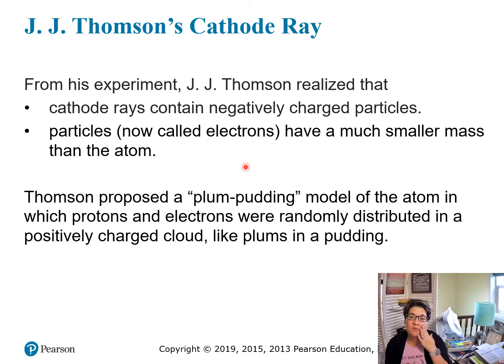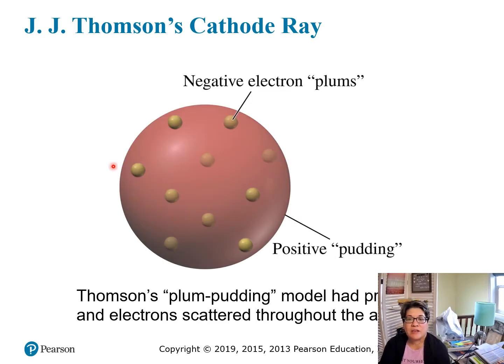So he proposed what we call the plum pudding model. I kind of think of it as like the chocolate chip model. It was wrong. He said that the protons and electrons were just evenly dispersed. So like the protons would be the cookie and the electrons would be the chocolate chips. And that's what it looked like. So I think it looks more like a chocolate chip cookie.